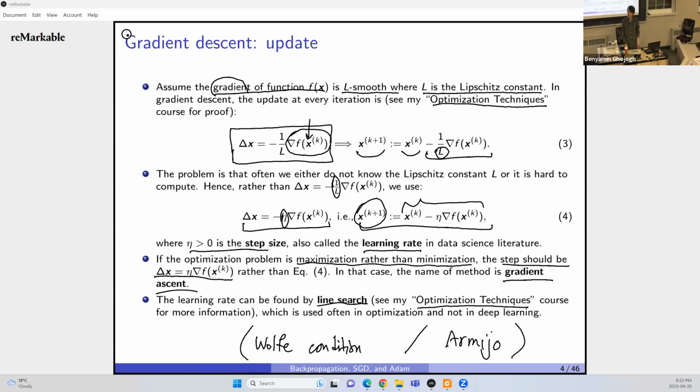By the way, I'm saying these in parentheses. These are not related much to deep learning, but I have talked about these in detail in my optimization course. Wolfe was a great scientist in optimization. You hear his name a lot in optimization. So the Wolfe condition added another condition, named the curvature condition, to the Armijo condition. So the Armijo condition and curvature condition together become the Wolfe condition, and they usually use Wolfe conditions for line search in second order optimization, such as Newton's method, such as interior point method.